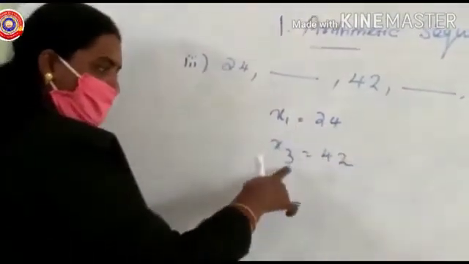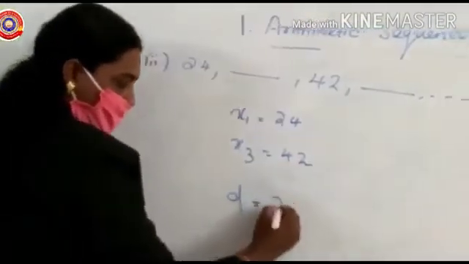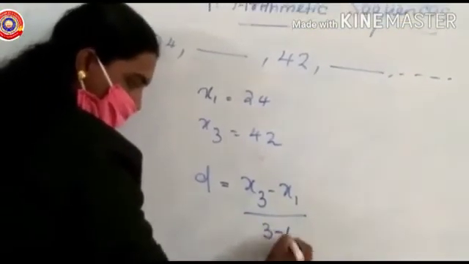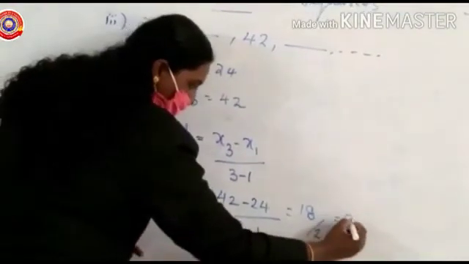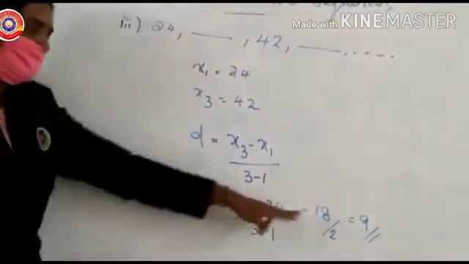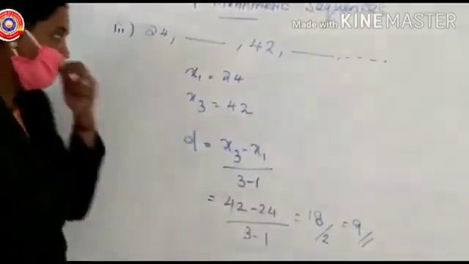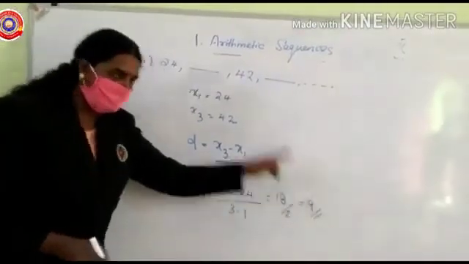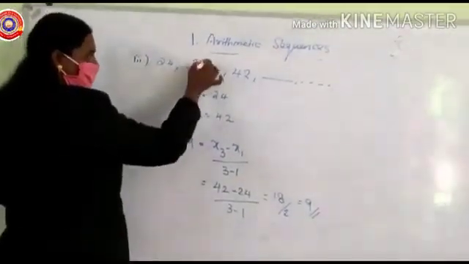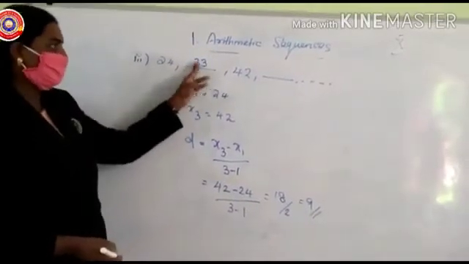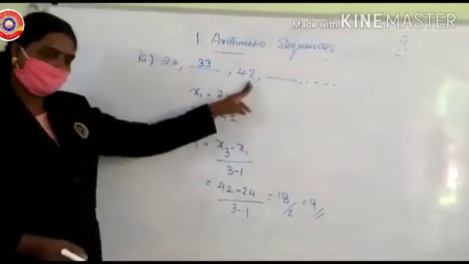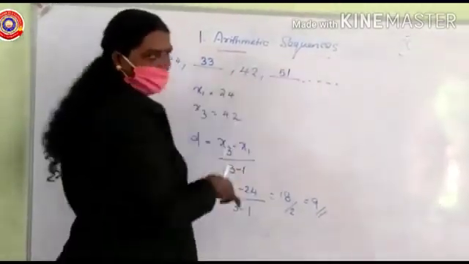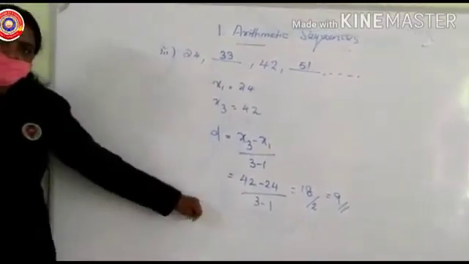That means 42 minus 24 divided by the position difference 3 minus 1 equal to 18 by 2 equal to 9. So the common difference of the given sequence is equal to 9. Next, first term plus common difference, we will get the second term and it is equal to 33. And third term plus common difference, we will get the fourth term and it is equal to 51. Is it clear for you children?